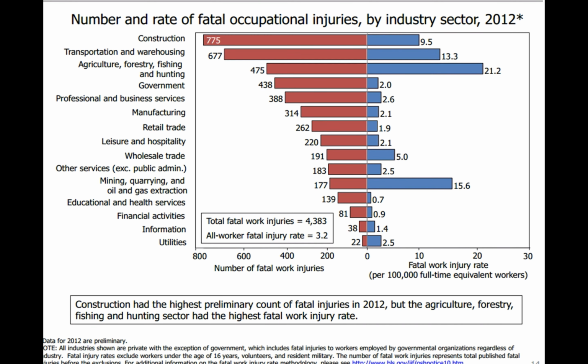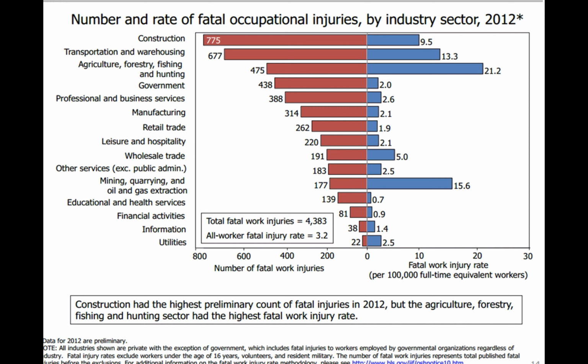All right, so these are the statistics again. You can see the number of fatal work injuries that took place in 2012, and the Bureau of Labor puts these out every couple of years, and it takes a couple of years to get the final numbers together after all the investigations and stuff.